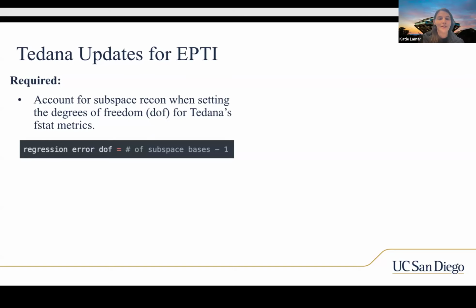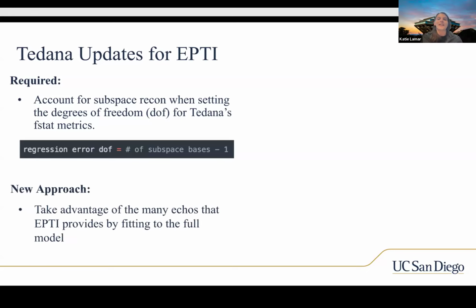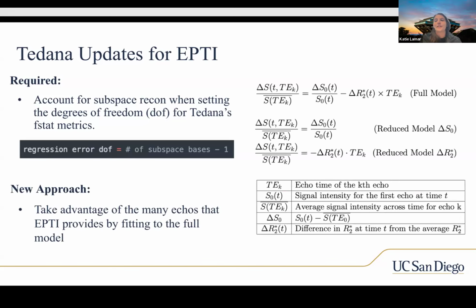And basically the answer is, I think so. So we wanted to take advantage of the fact that we had so many echoes, and we did so by essentially redesigning the way tedana determines the kappa and rho values. So usually tedana splits our model into a model that describes BOLD changes, which is the R2 star model here, and a model that describes signal changes that are not BOLD related.